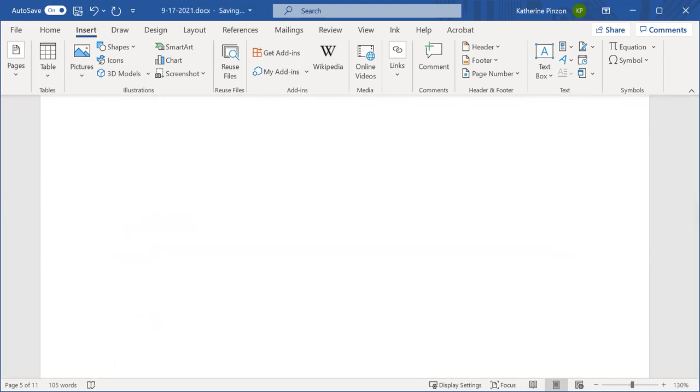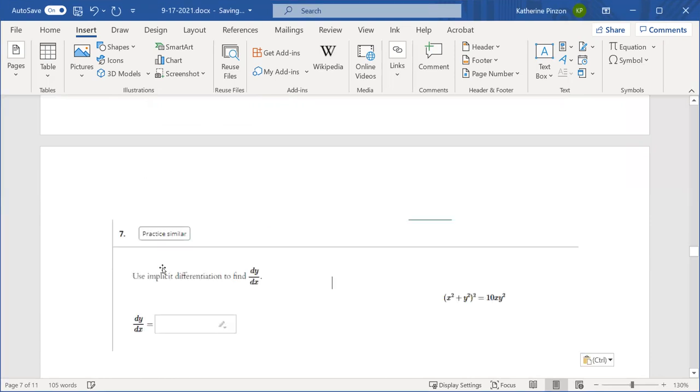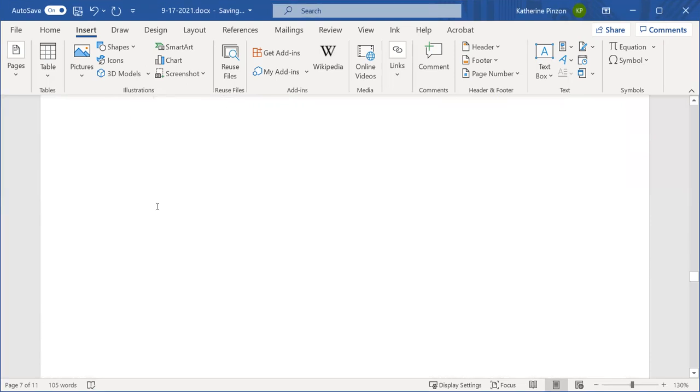We'll see. 6. 7. 10, 11, 12. It's a good thing I have a good memory.